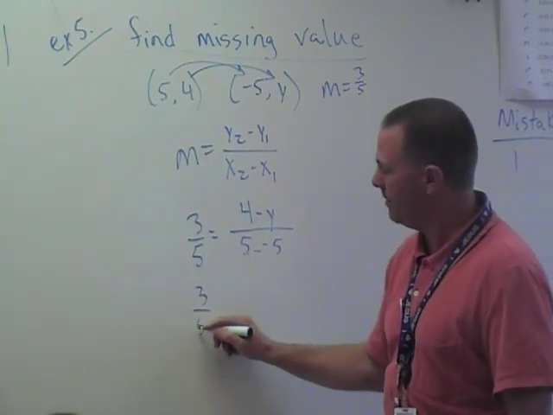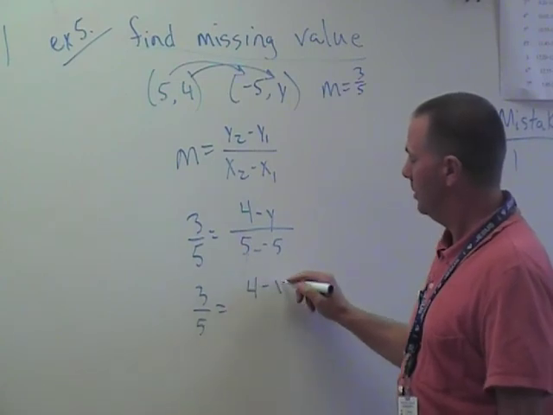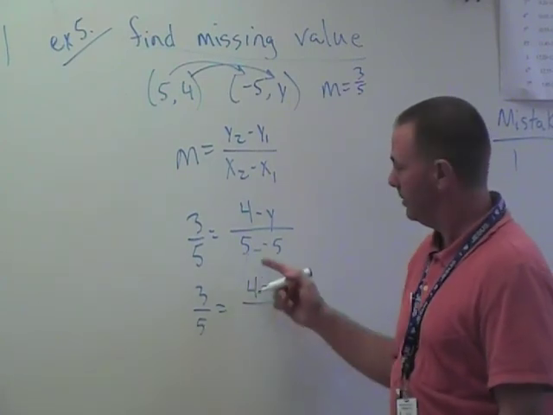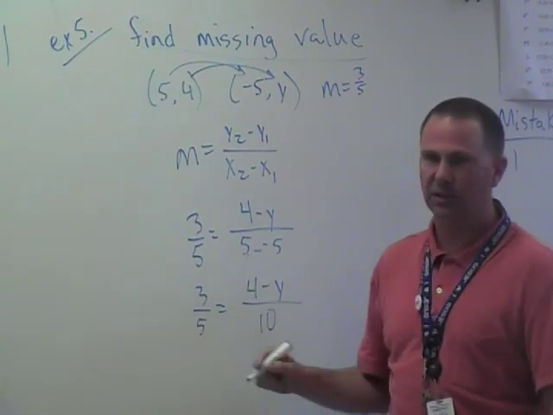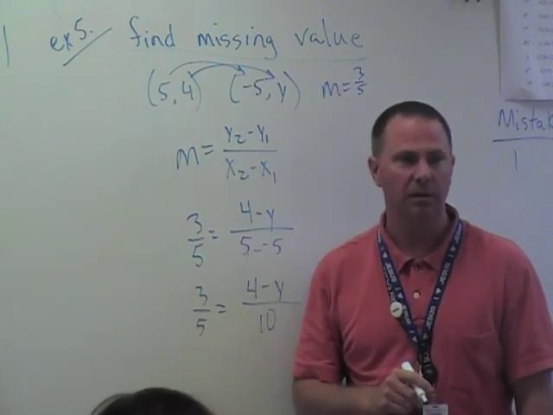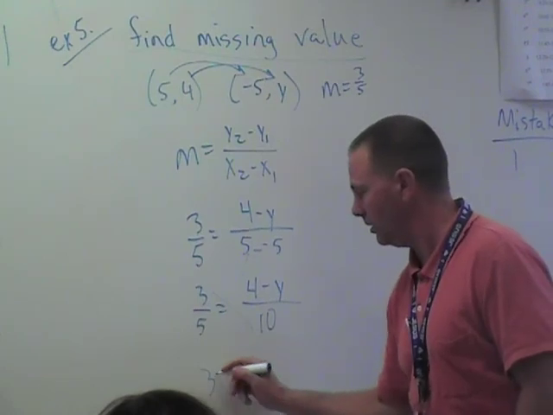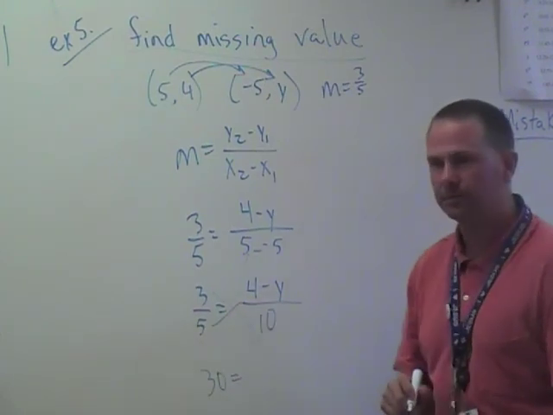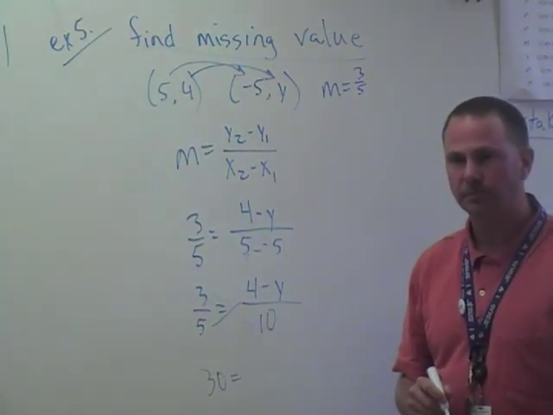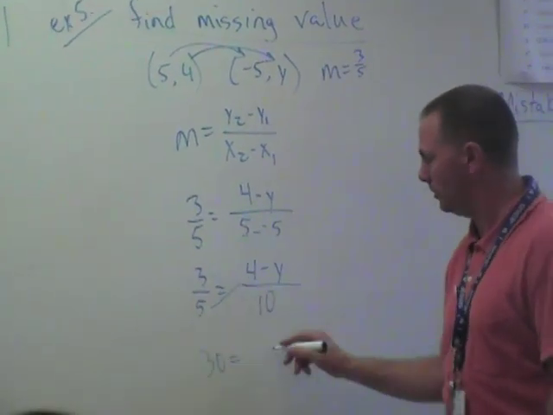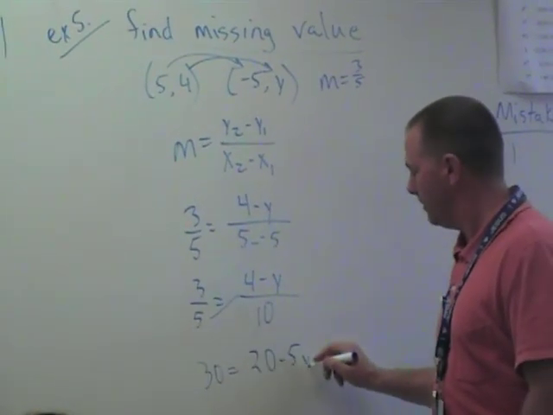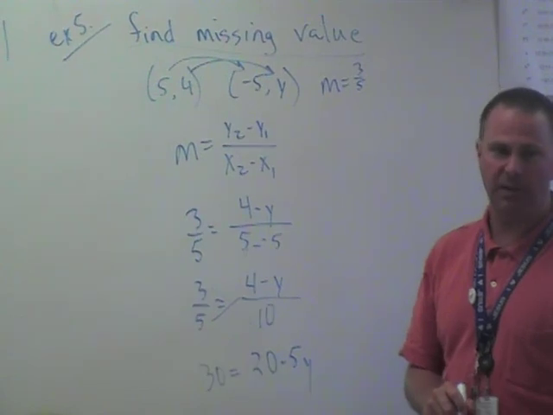So 3 over 5 equals 4 minus y over 10. How do I solve this? Well, cross product. That's 30. What's this? 20 minus 5y. Yes, distribute that through. 20 minus 5y. And can you solve that?